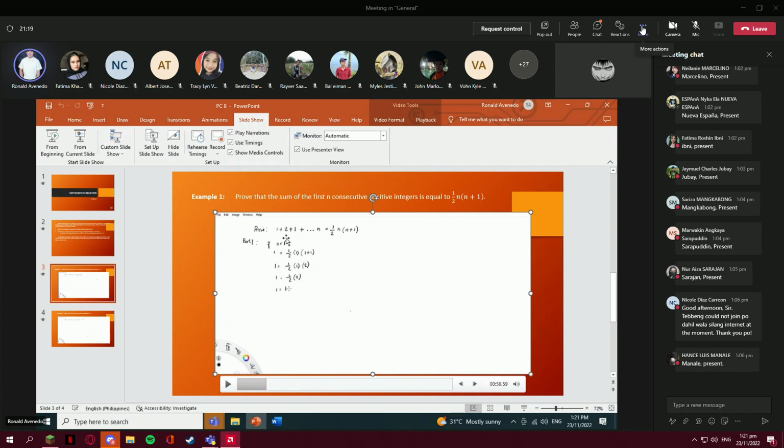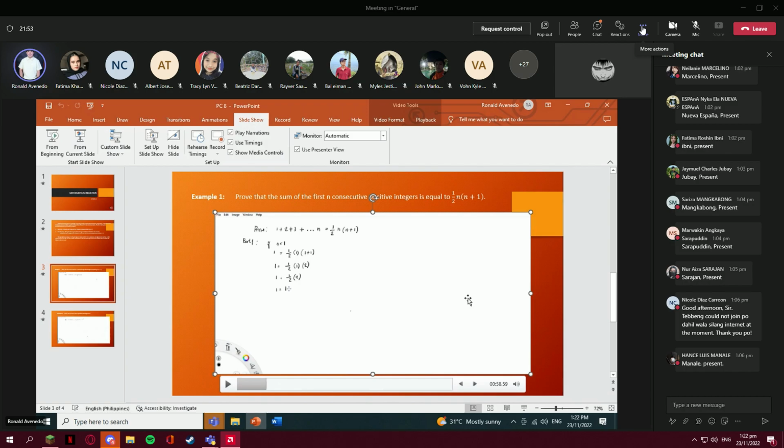Did you understand the solution? Naintindihan ba ang solution? If n is equal to 1, then the number of terms is only 1. On the left side, n is the number of terms. So the number of terms is 1, meaning to say you have to consider the first number, which is 1. So 1 is equal to, and on the right side, since n is equal to 1, then substitute 1 to n on the right side of the equation.